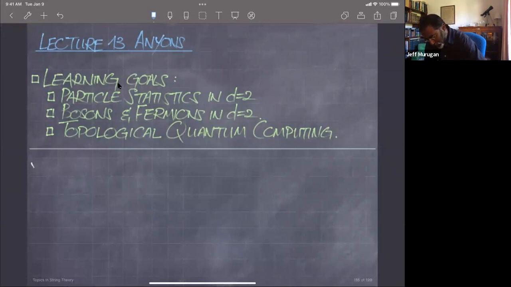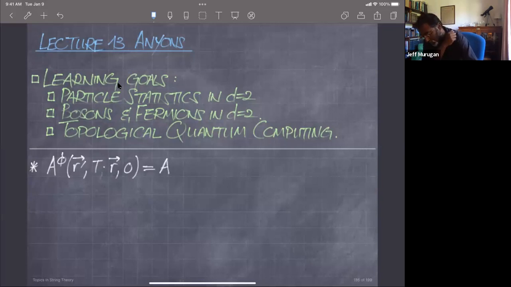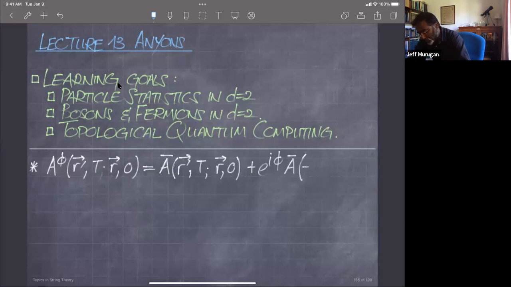So recall that what we were doing was considering this one parameter family of amplitudes given by A phi of R prime, T, starting at R naught, and these are vectors in R3, and this is given by A bar of R prime, T, R naught plus e to the i phi A bar of minus R prime, T, R naught.